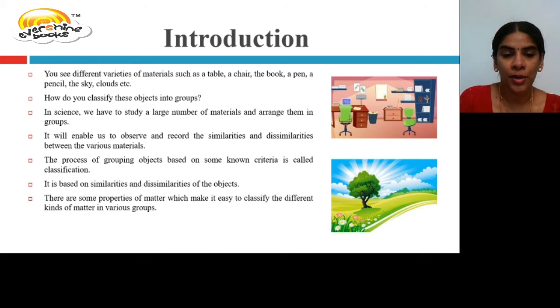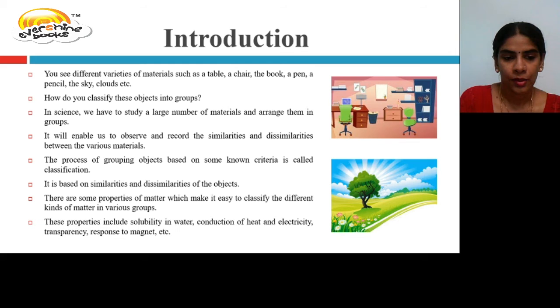There are some properties of matter which make it easy to classify the different kinds of matter in various groups. These properties include solubility in water, conduction of heat and electricity, transparency, response to magnet, etc. Let us discuss these properties and how we would classify the objects into various groups.